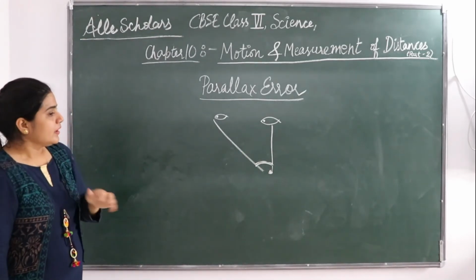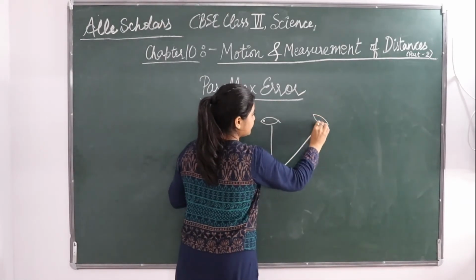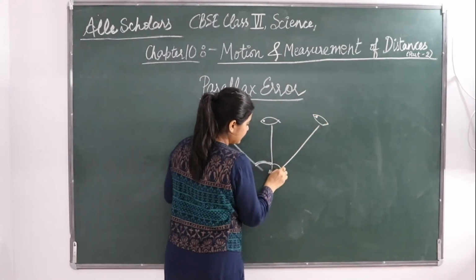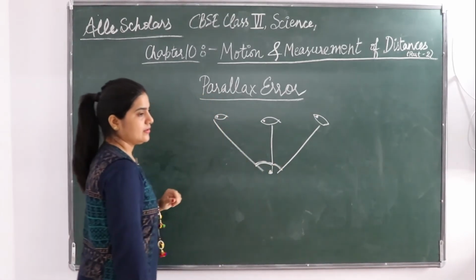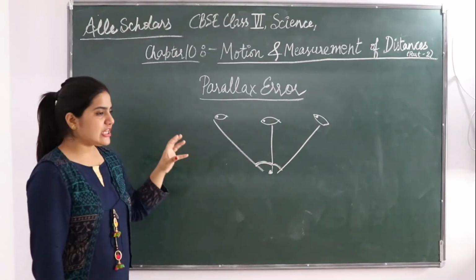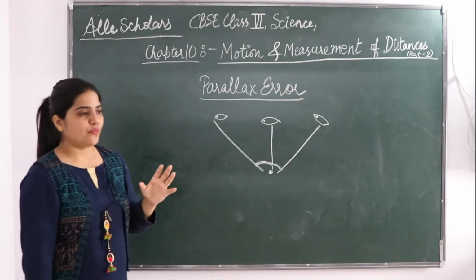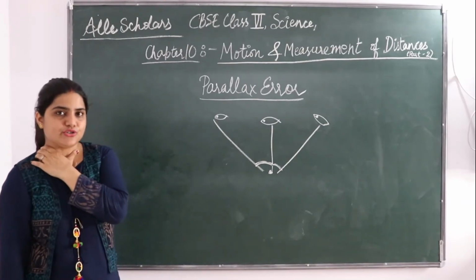And if eye is here, again this is going to lead to parallax error. So parallax is a displacement or the change in the apparent position of the object when viewed from two different points.